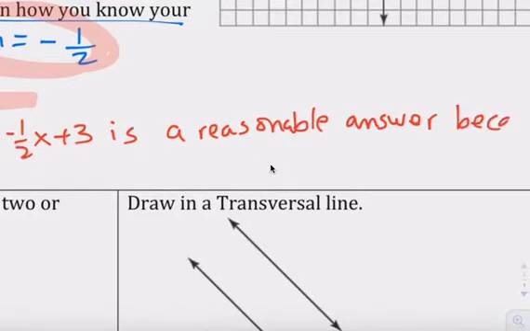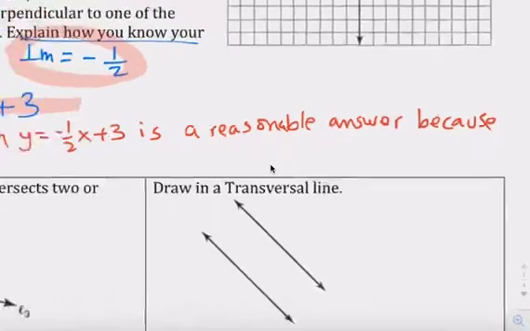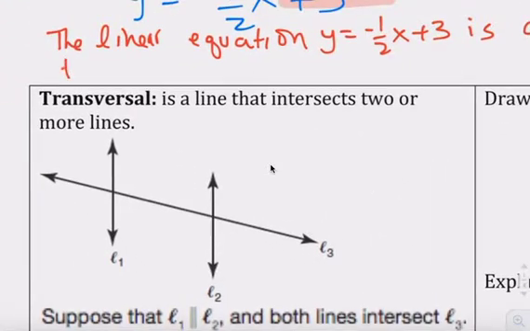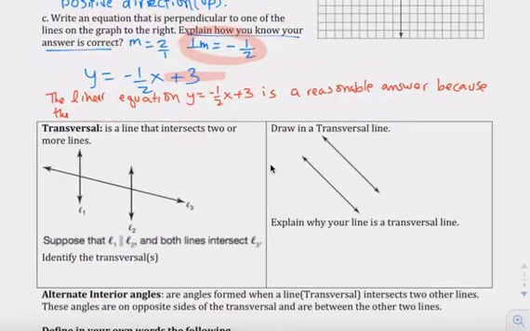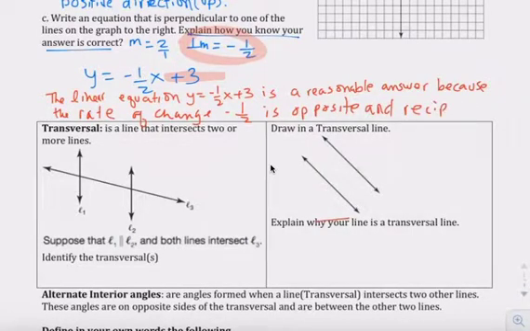because the rate of change, negative 1/2, is opposite and reciprocal to 2, which is the other equation's rate of change.